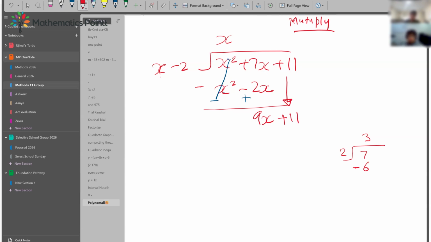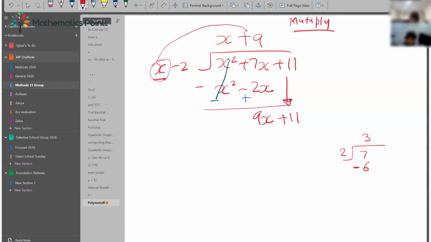Again, go back to the first step. First term of my divisor should look like the first term of the dividend. What should I multiply x with to look like 9x? You'll say positive 9. Positive or negative is very important. Now, look here.